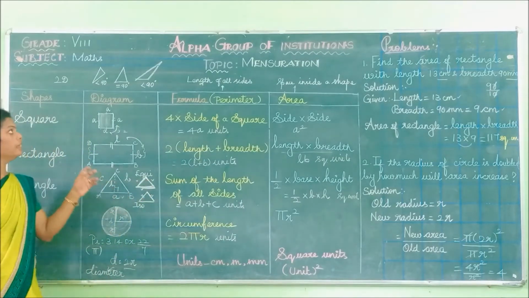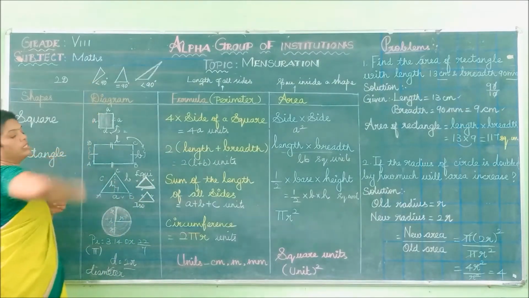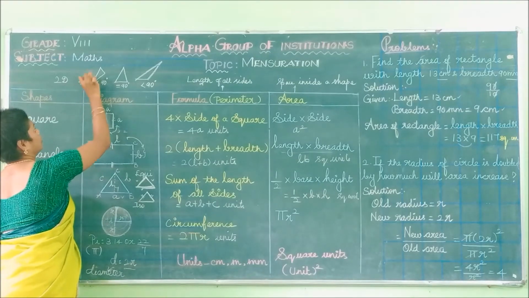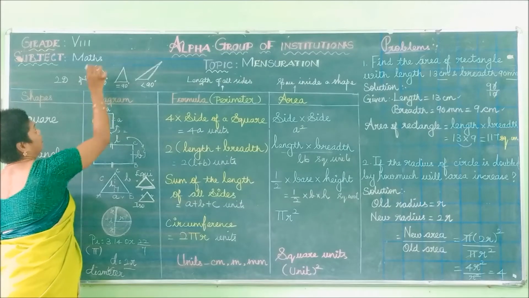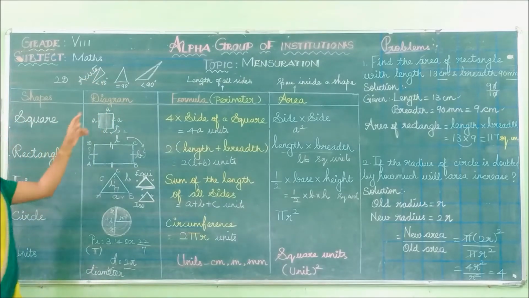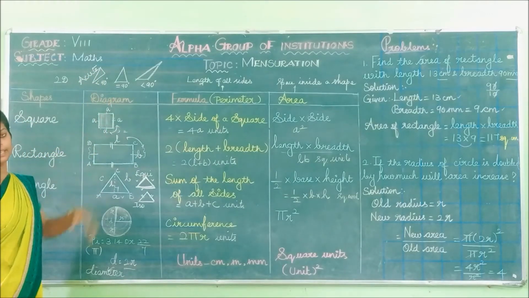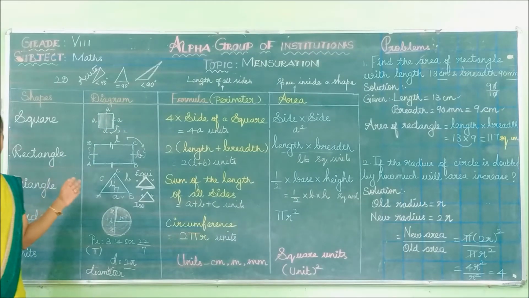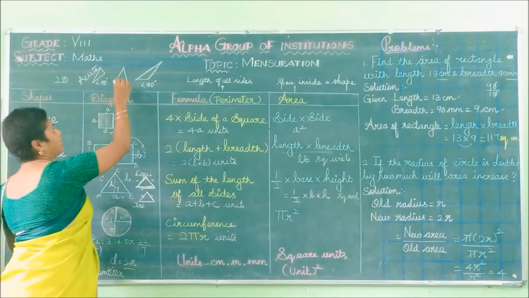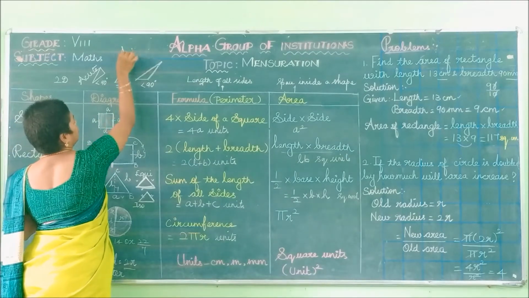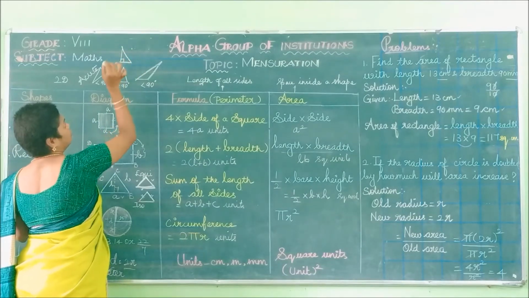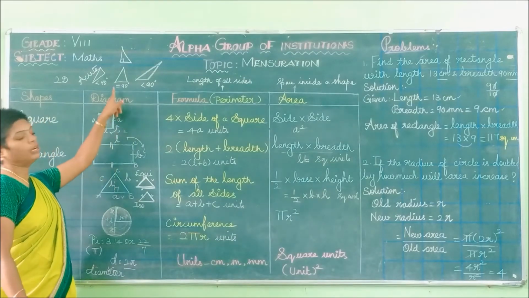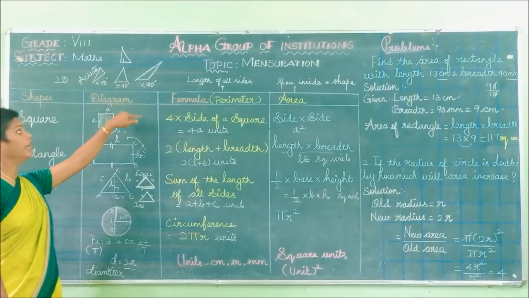Next, listen. This one is an acute triangle. If it is an acute triangle, the angle must be less than 90 degrees. But if it is a right angle, it is called a right triangle, which is equal to 90 degrees.